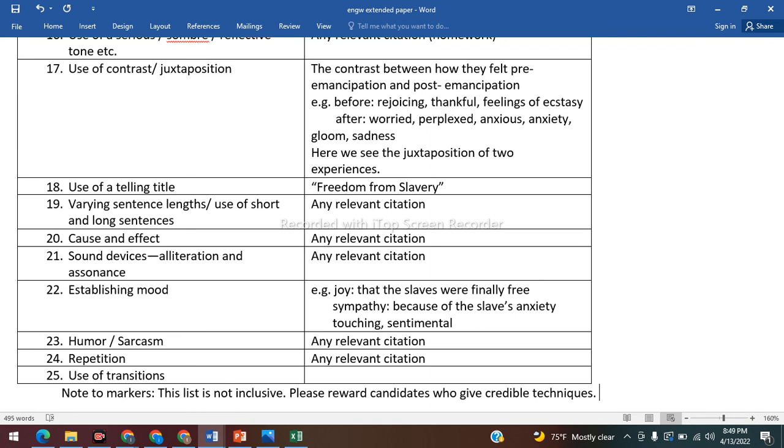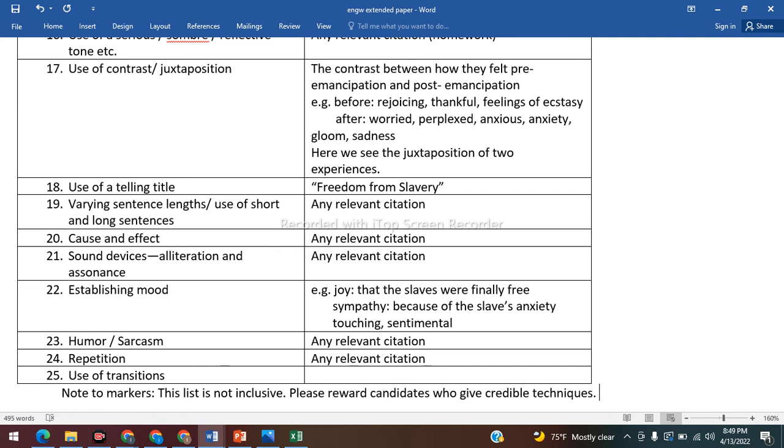So what's the takeaway from this? Once you have a technique and can support it using evidence from the passage, it will work.